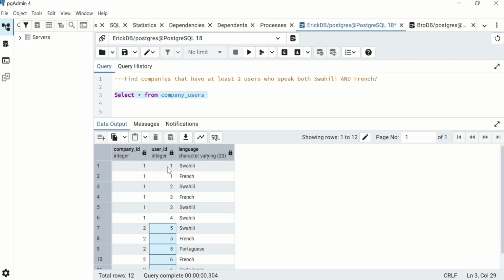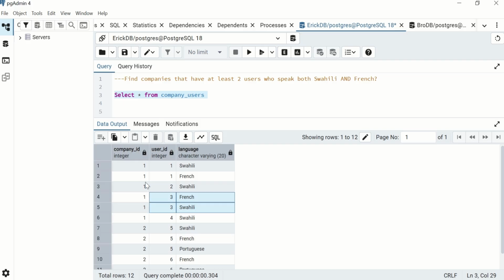So user one in company one speaks two languages, Swahili and French, and then user ID two speaks only Swahili, user ID three speaks French and Swahili, and user ID four speaks only Swahili. The question is asking to find companies that have at least two users who speak both Swahili and French.